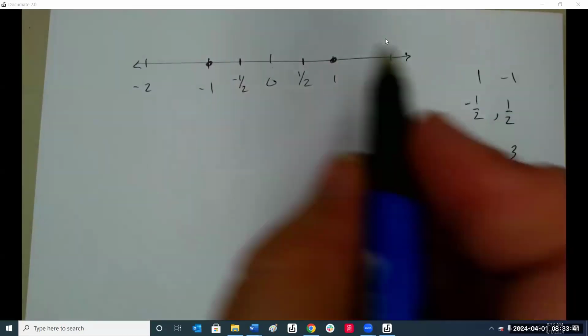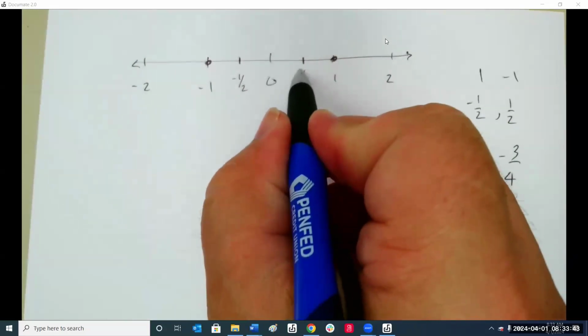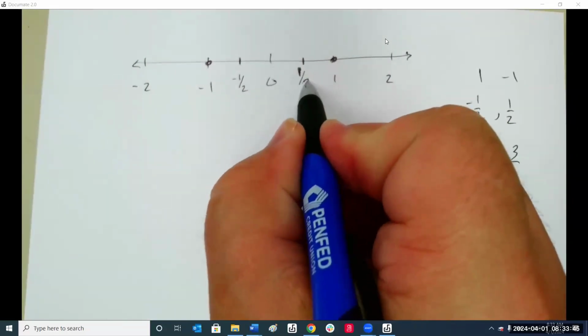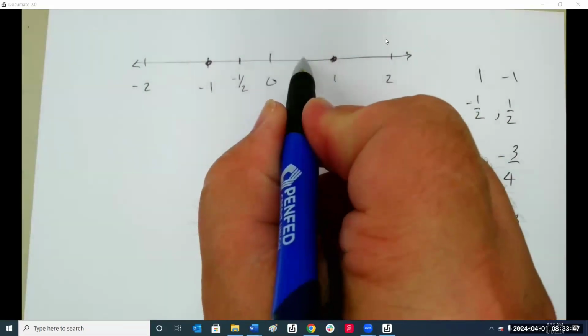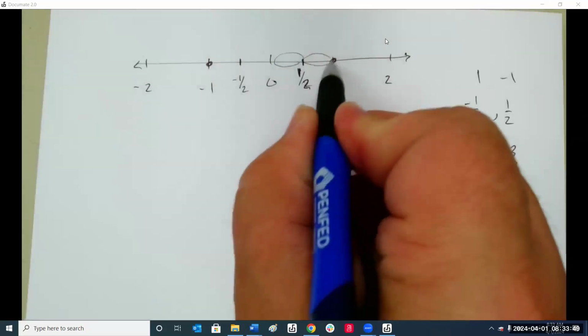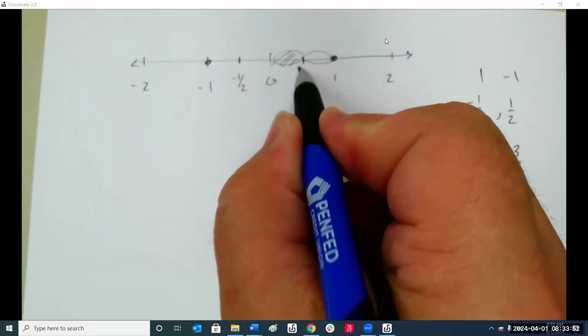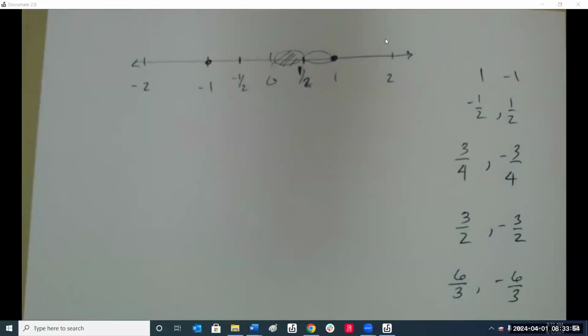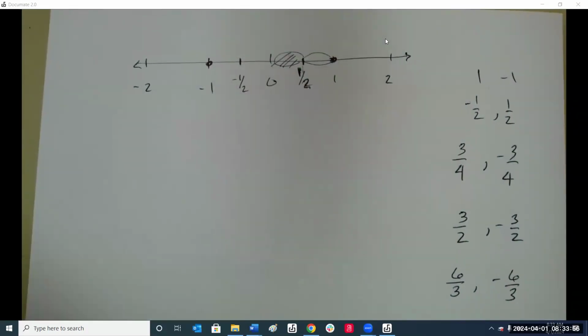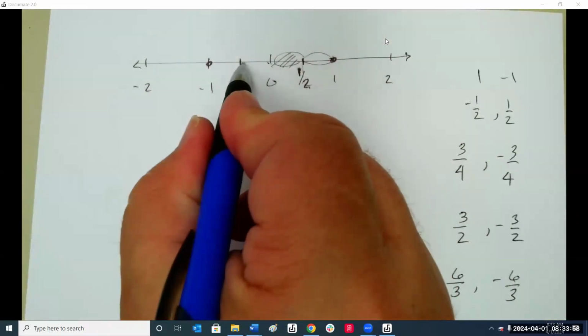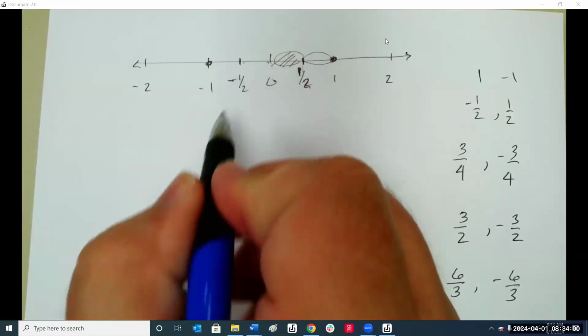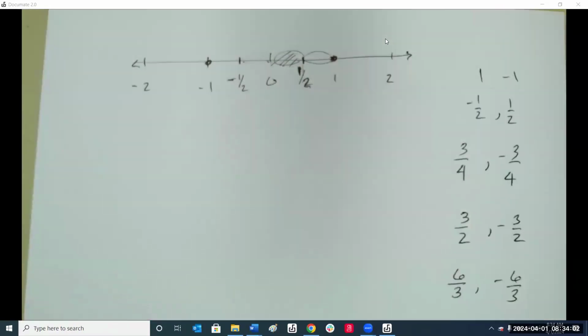How do we define it 1/2? Because this thing says it's one piece out of 2. So here's 1, here's 2 pieces, and I only want that piece. So it stops here. And same thing there. Here's 1 piece, 2 pieces going to the left because it's negative, and I only want this first piece.